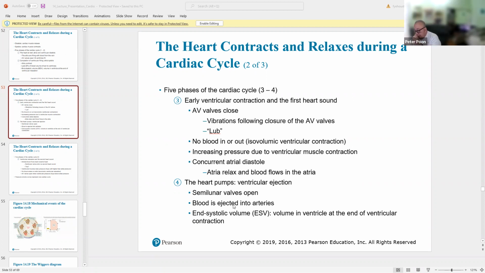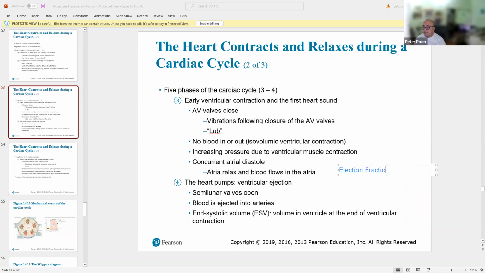Obviously, there is going to be some fluid left over, and that's going to be still in the ventricle.